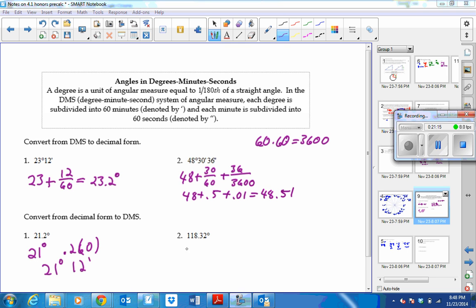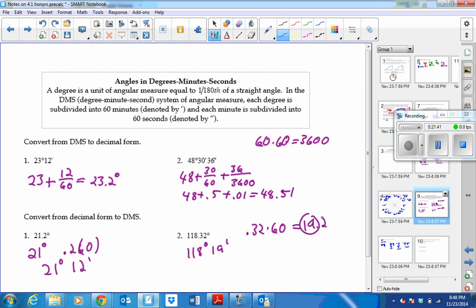So we're going to do 118 degrees. Now I'm going to do 0.32 times 60. 0.32 times 60 gives us 19.2. So we're going to take those full minutes and say 19 minutes.